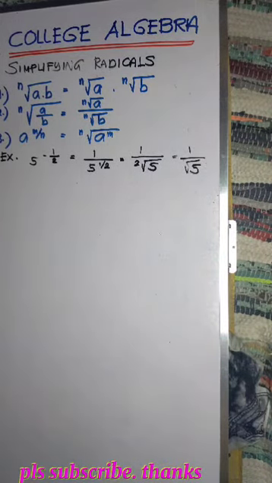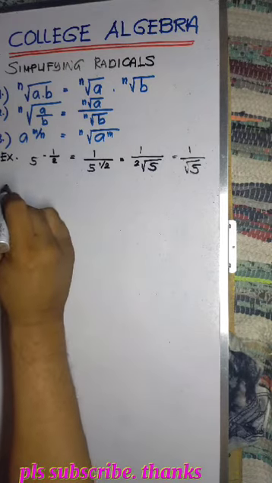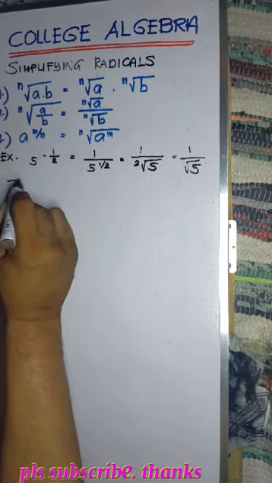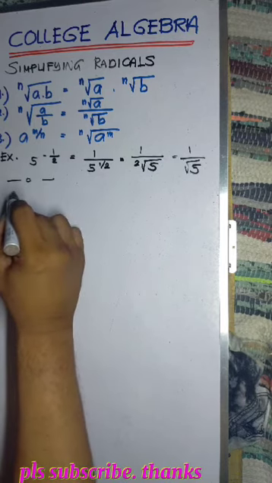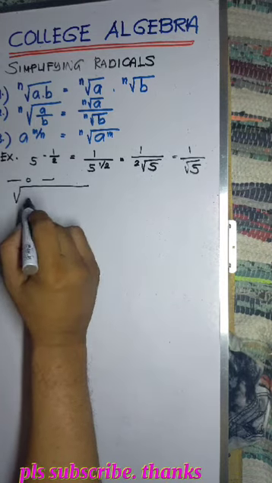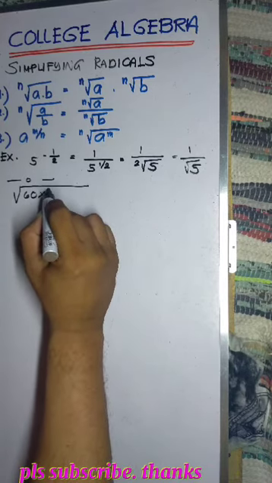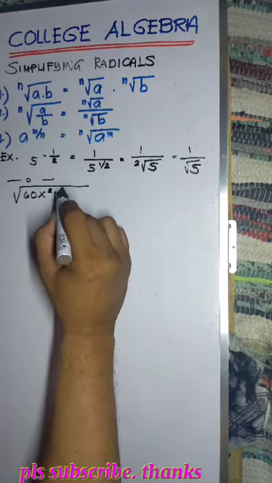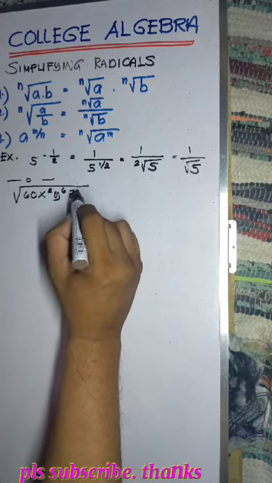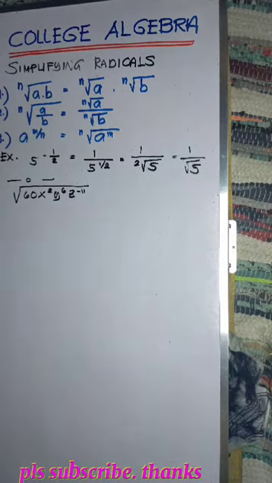So let's have a much harder problem. The square root of 60 x squared y^6 and z to the negative 11. Okay.